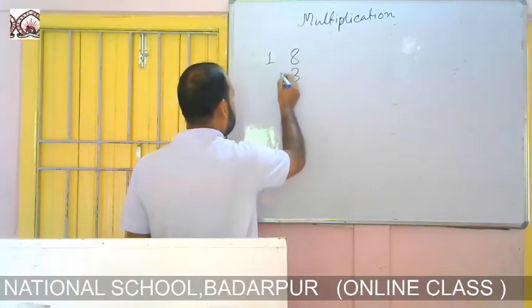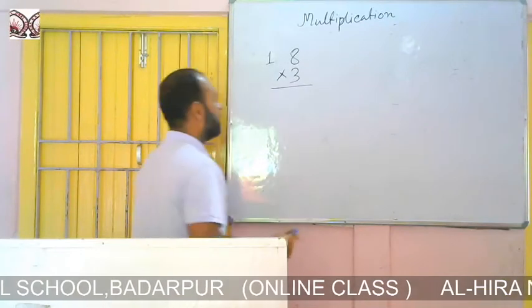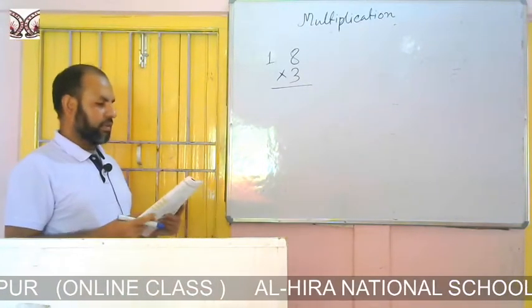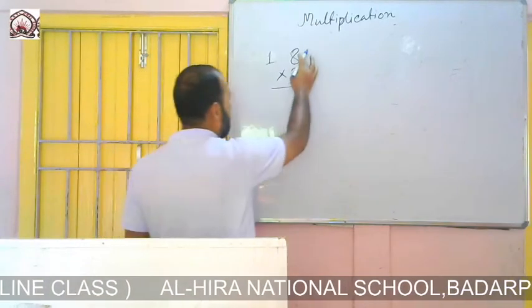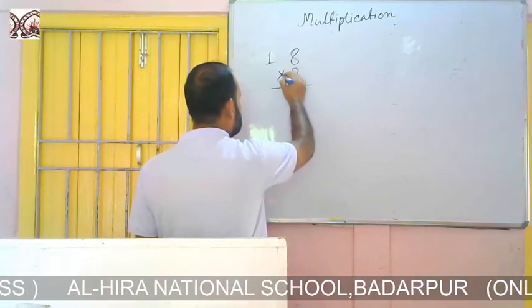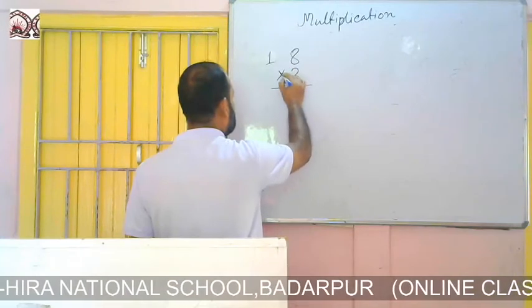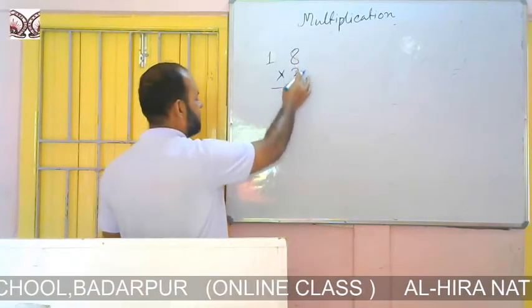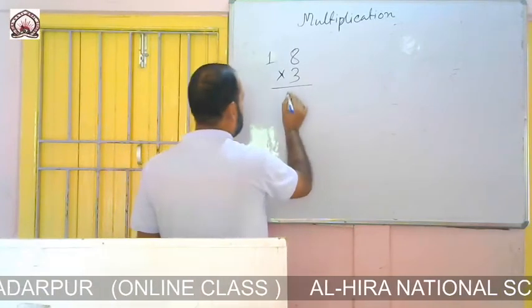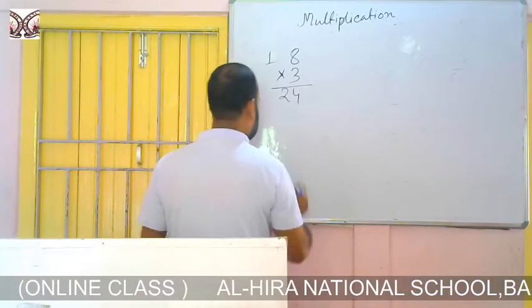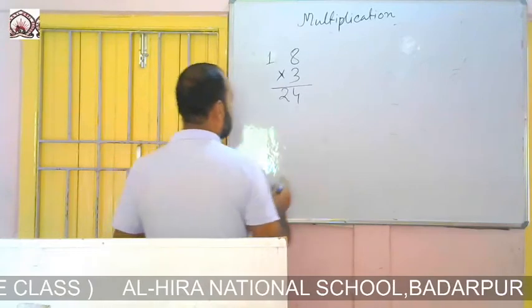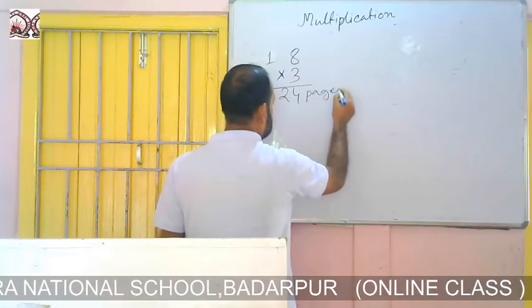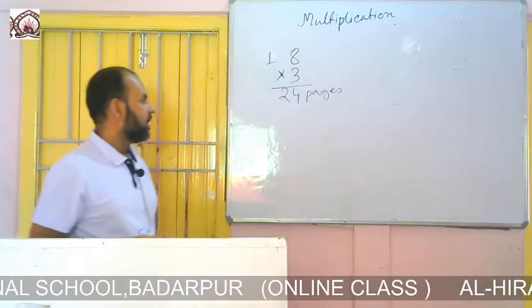So 8 into 3. 8 1 is 8, 8 2s are 16, 8 3s are 24. So 24 pages.